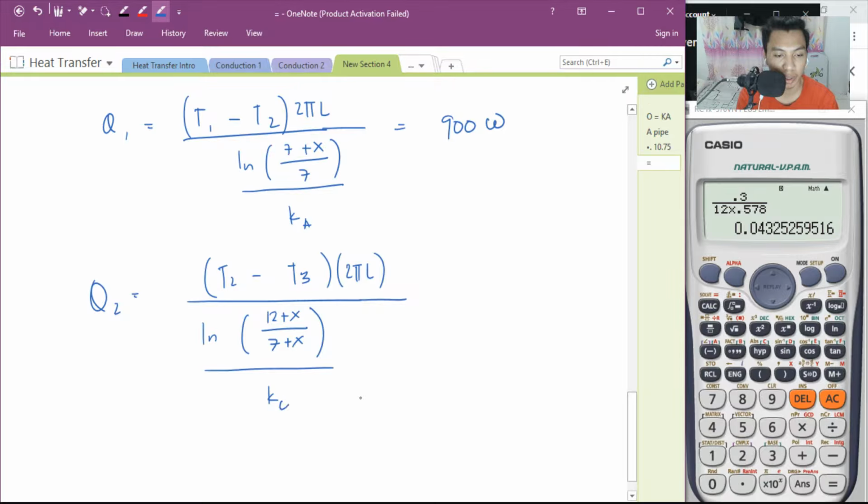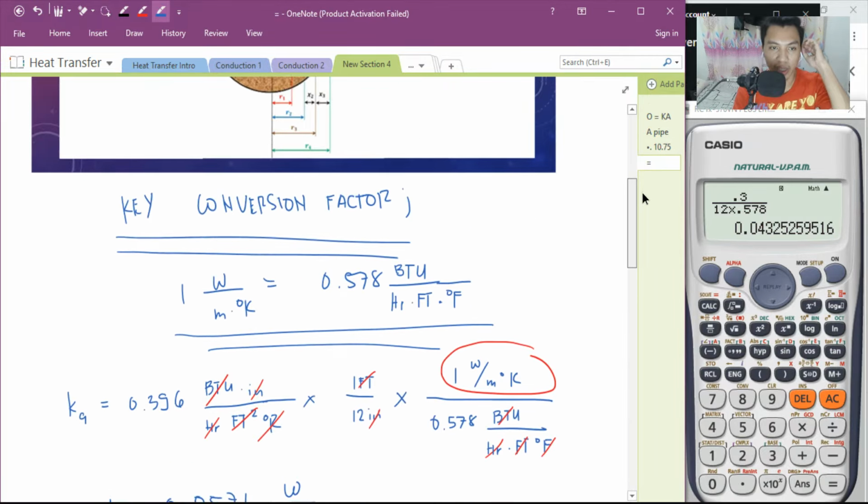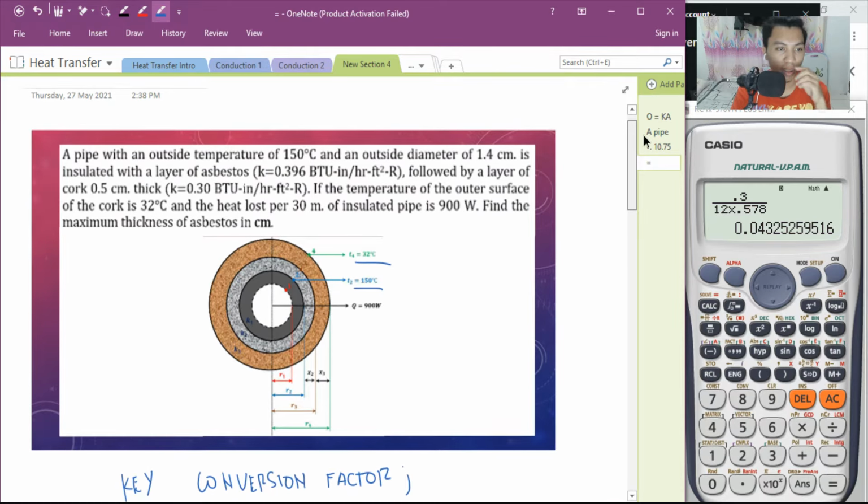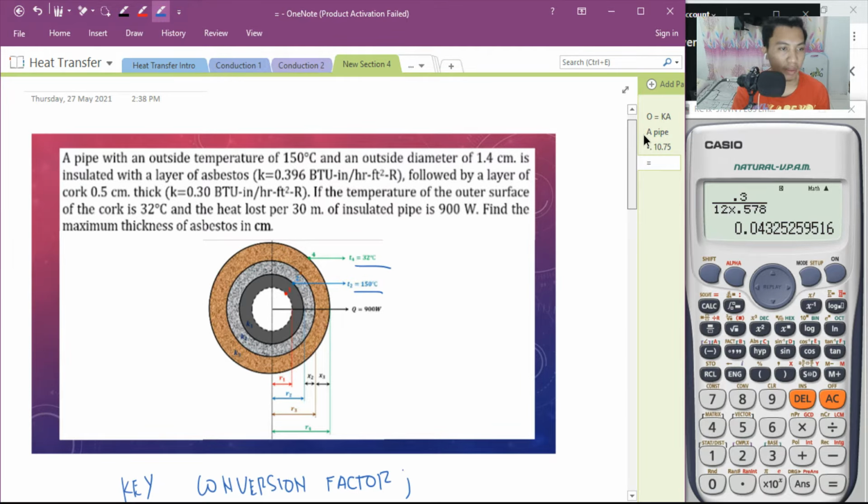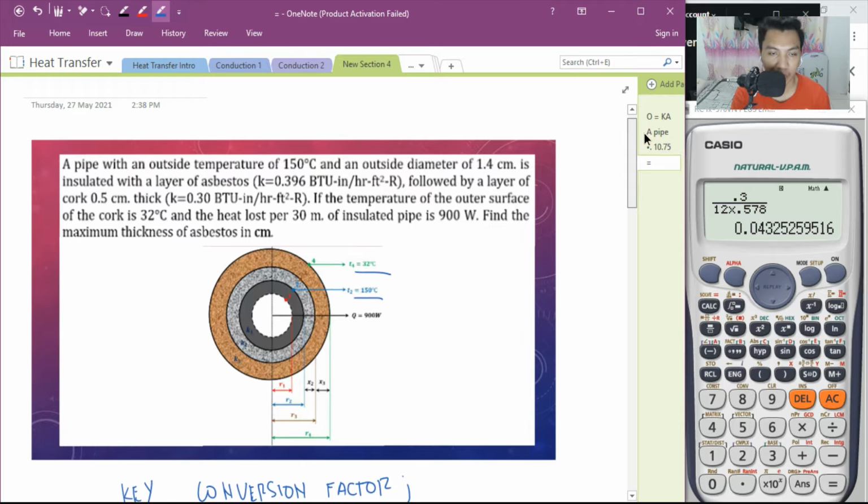Ito yung cork. Hinahanap natin is the thickness ng asbestos. Okay. Solve natin yan. May 150, may 32. Outside temperature of the pipe, 150. May inside ba yung pipe na sinabi? Wala. Okay.